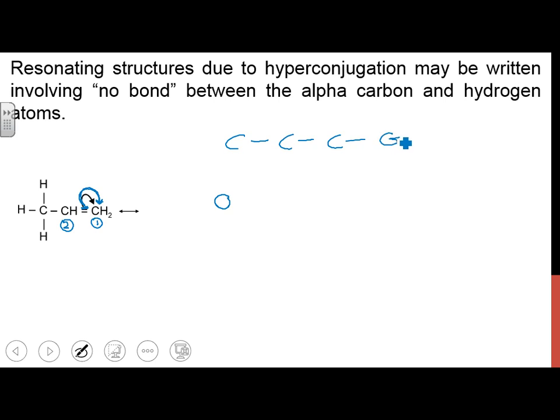When one group pulls electrons towards itself, the second carbon also feels that pulling throughout the carbon chain.